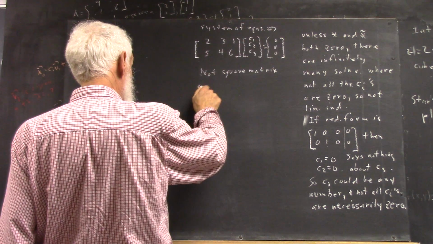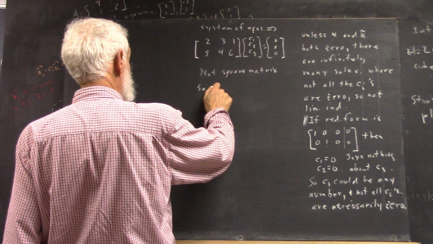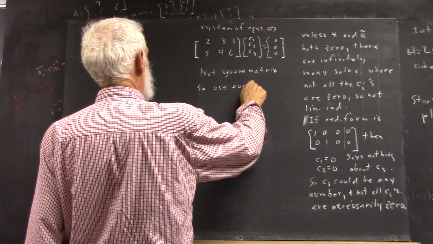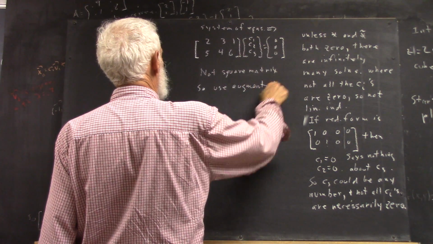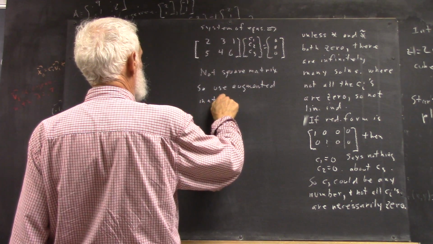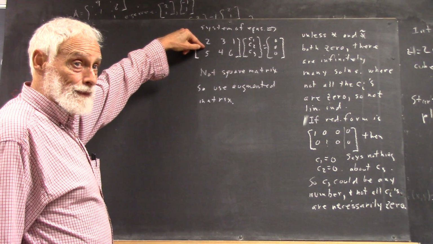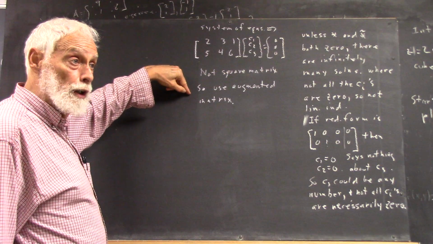Excuse me, not a square matrix. So you would use the augmented matrix. Even if this is all you see, you know that to solve this, you go to the augmented matrix, right?